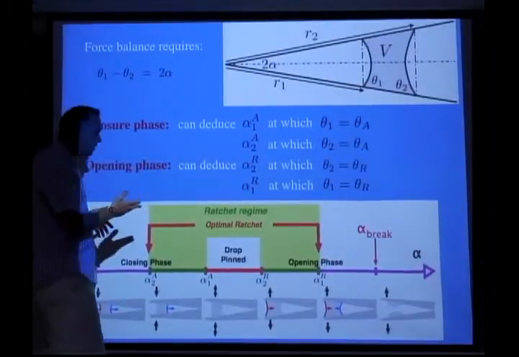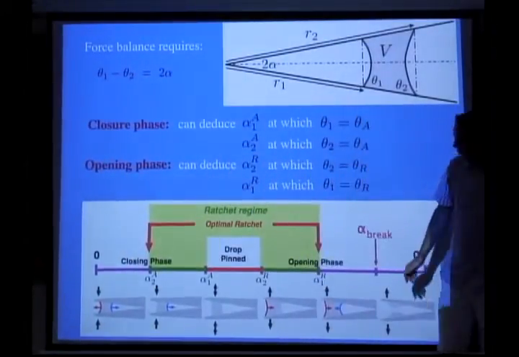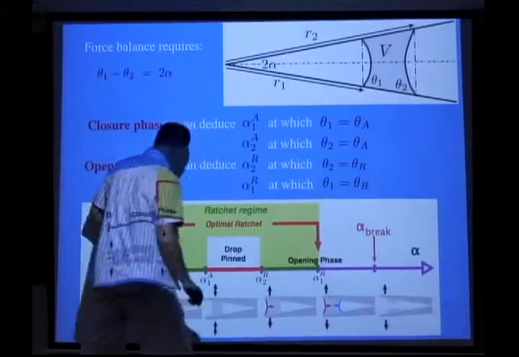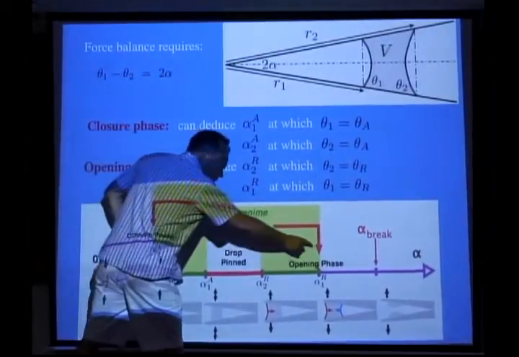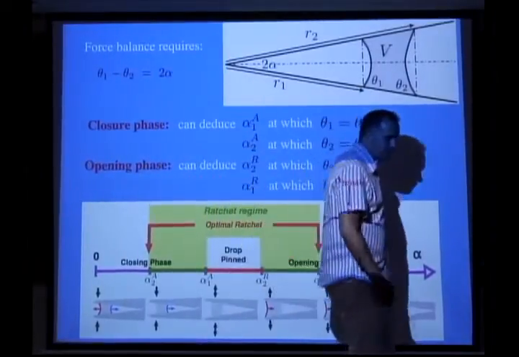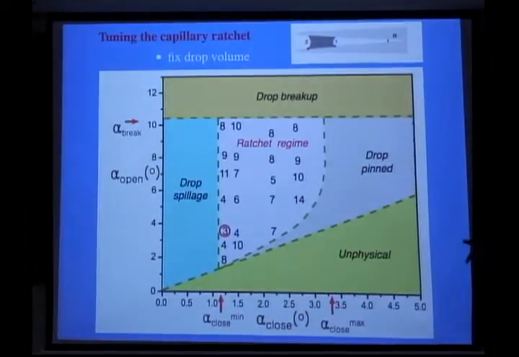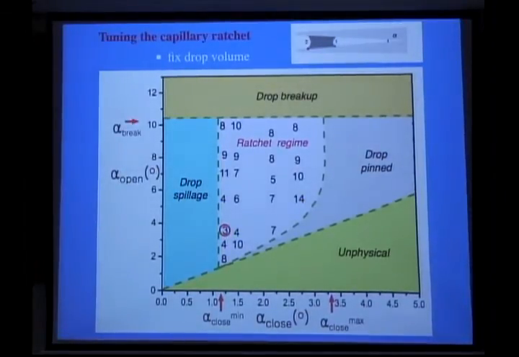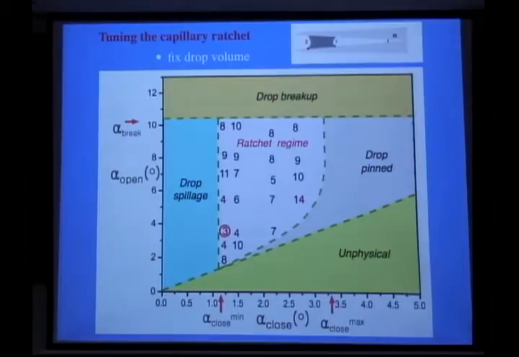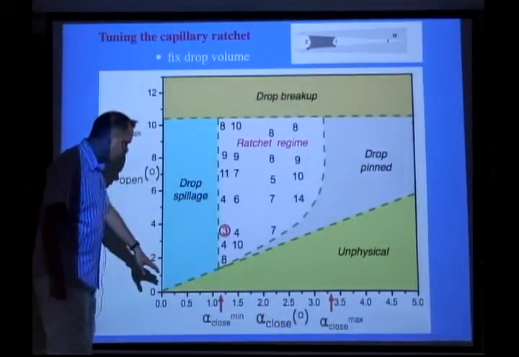But you can then tune it and ask what the optimal angles are, and so you basically want to run here, right? You want to push things to the limit and get as much bang for your buck as you possibly can. And so we did a series of experiments, so we can see if we close, so this is the closing angle.